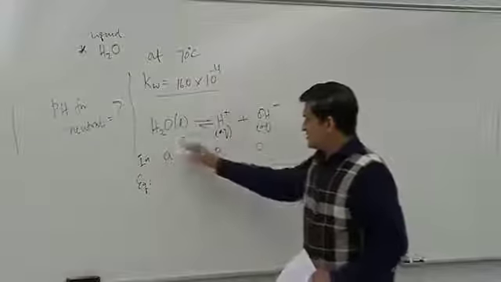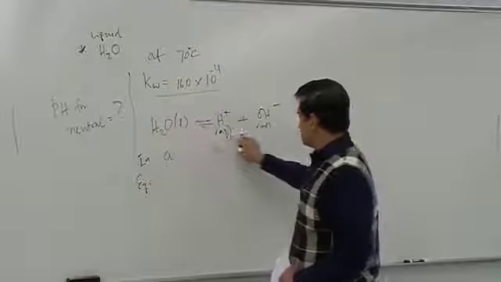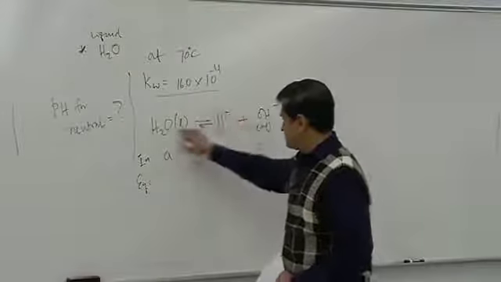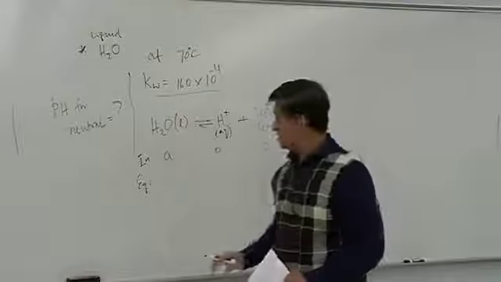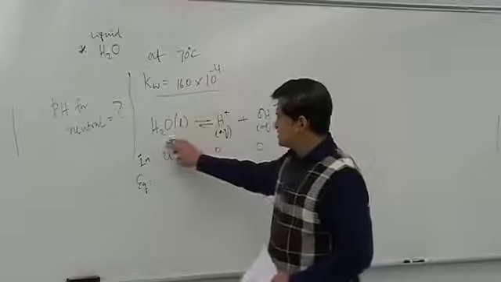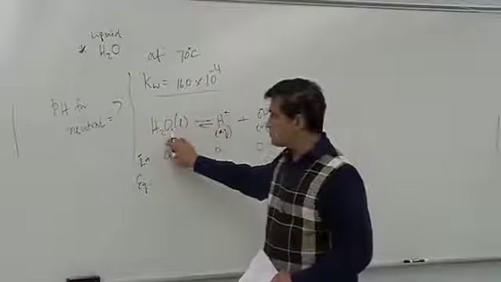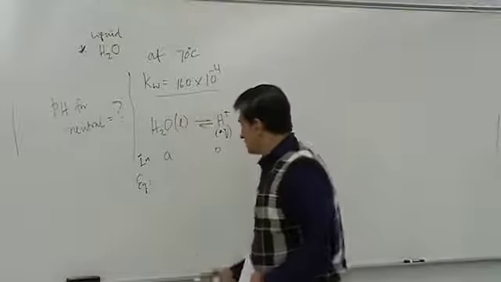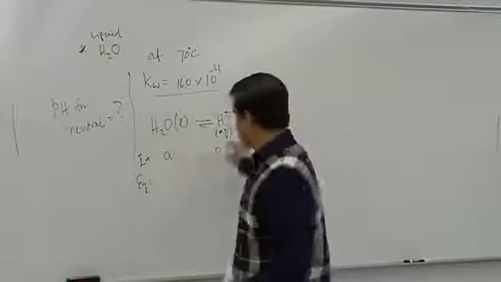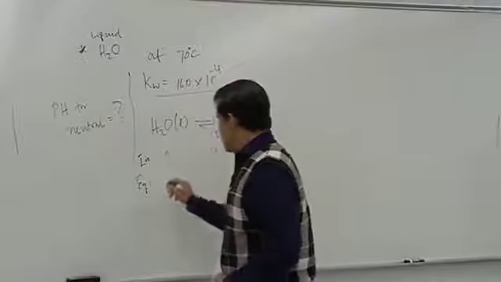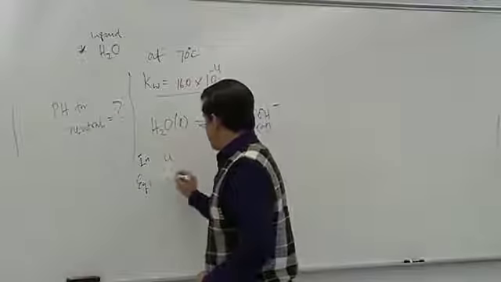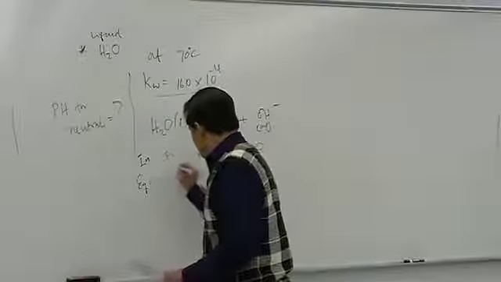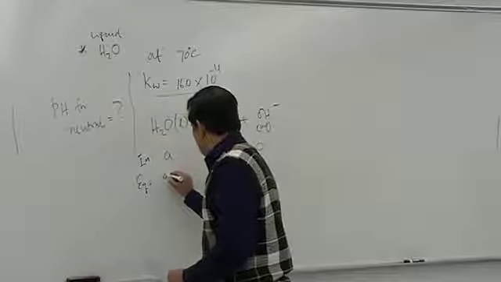I must tell you that this is liquid, and H plus and OH minus are in aqueous solution. In that sense, this is homogeneous. But if you look at the species, water doesn't change much because of its large quantity. Only a slight change occurs because of this breakdown. So at equilibrium, a part of the water breaks down into H plus and OH minus.